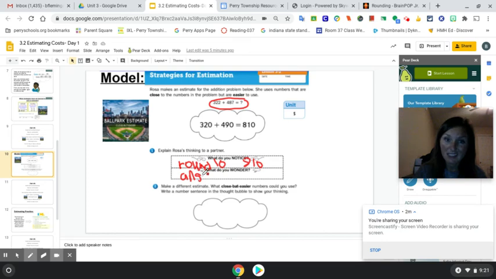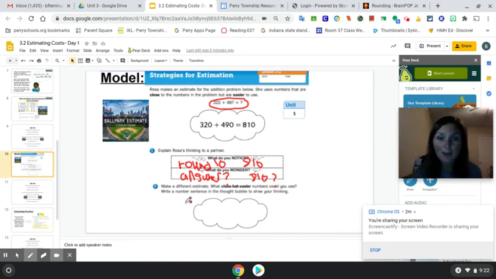Is it reasonable to say that her estimate makes sense? So what is the answer? So these are questions that I have. Is 810 a good guess? Would that be enough? So those are questions I'm thinking. So now I'm going to go to the next part.